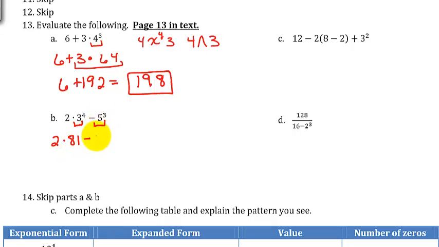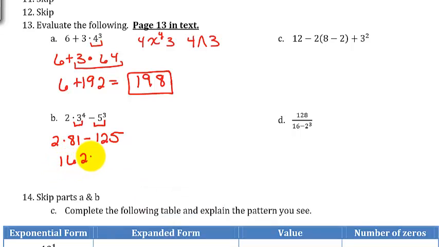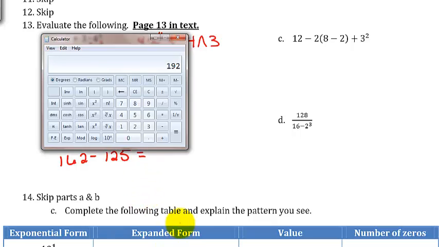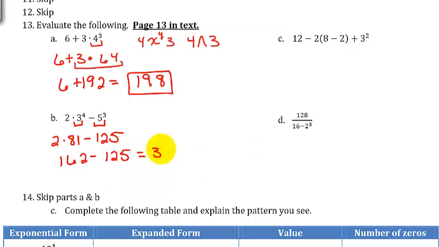And then minus 5 cubed is 125. And now we multiply 81 times 2, and that's 162 minus 125. And I'm just going to do that on my calculator just to make sure that I get the right number. And so that should be 37.